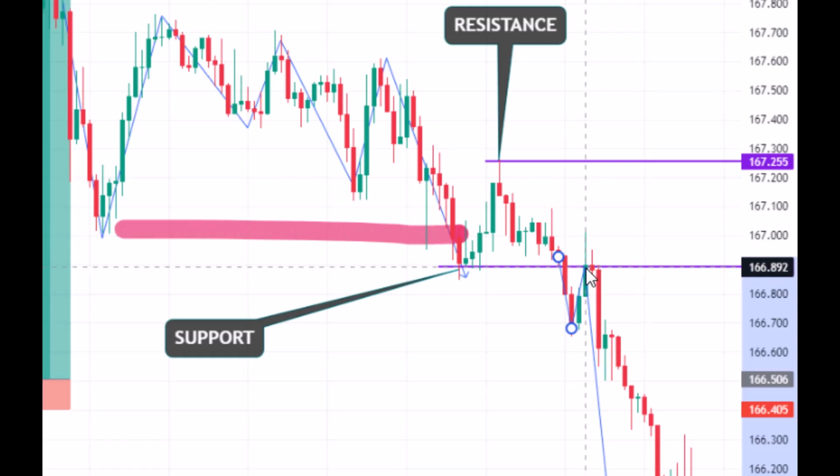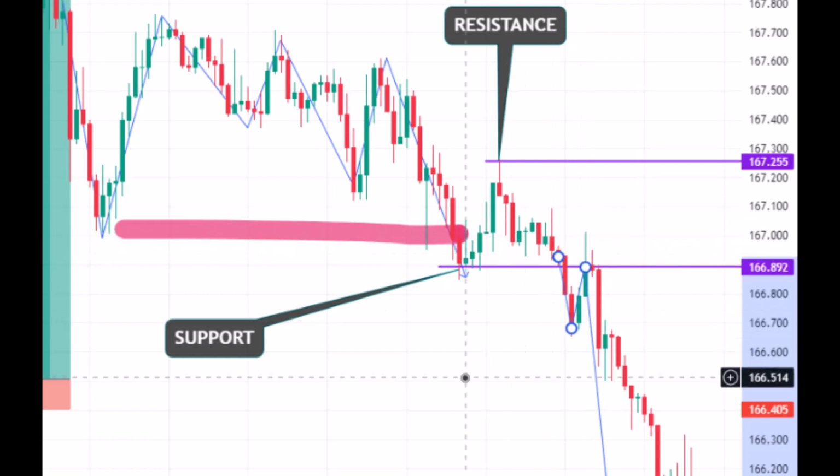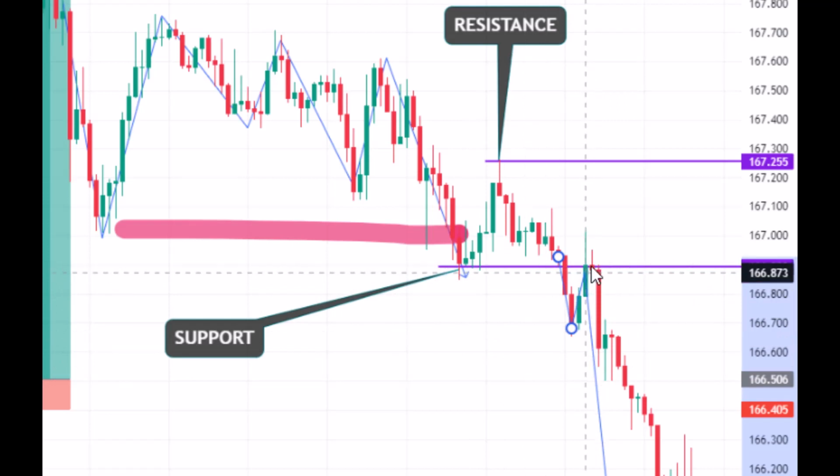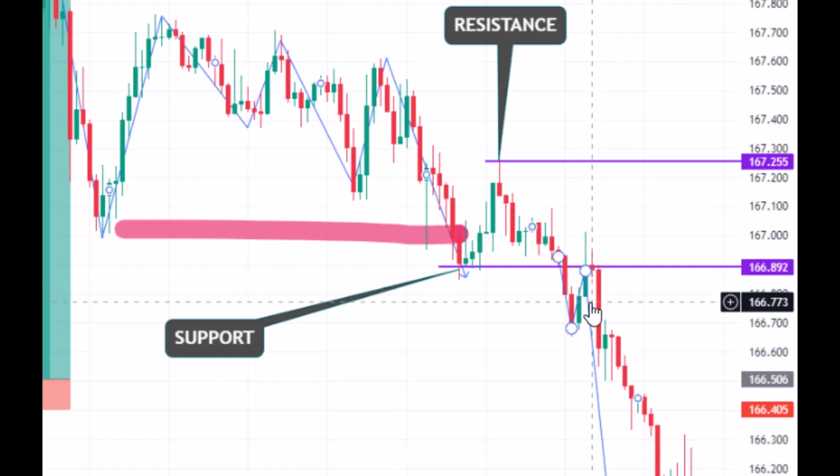And also confirmation number two, weakness. The weak rejections show weakness in the market, which signifies that there's already a shift in the market sentiment. So if you notice the second candle here, it closes below, giving us a bearish candle. You see, this is a very positive confirmation.